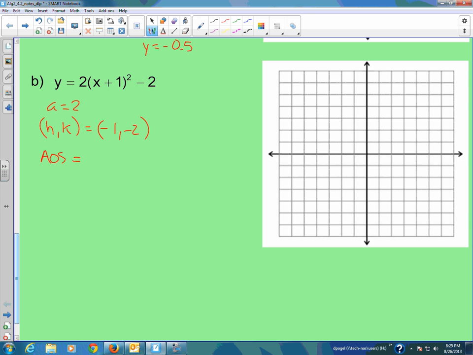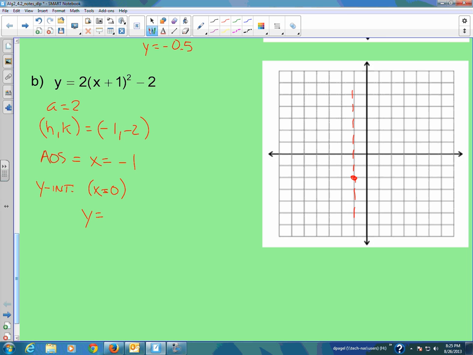Axis of symmetry, x equal -1. So we have a -1, -2. There's that mirror line right there. Parabola opens up once more. So let's find that y-intercept. Make x equal 0.